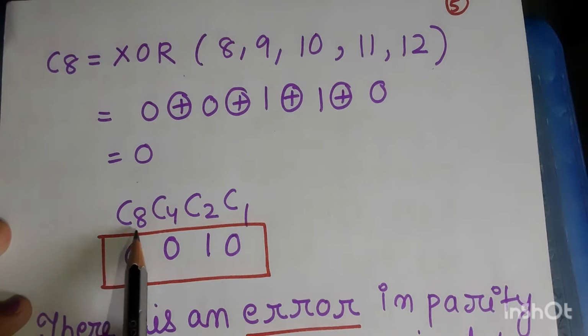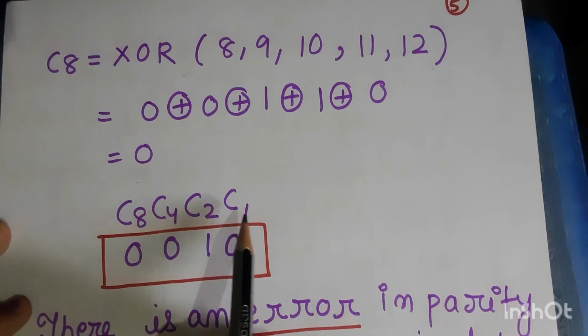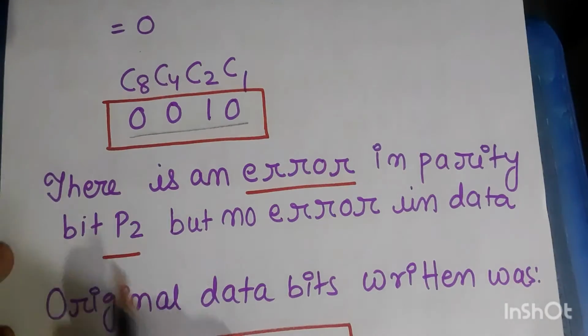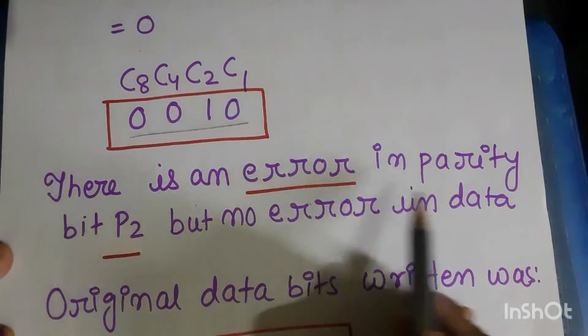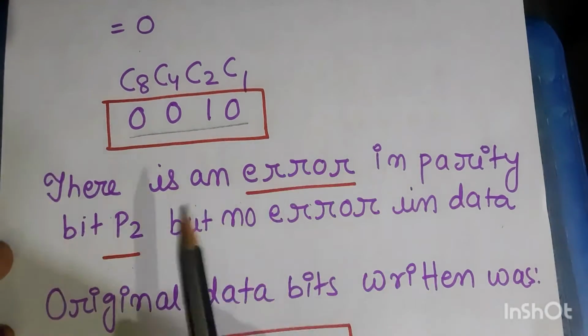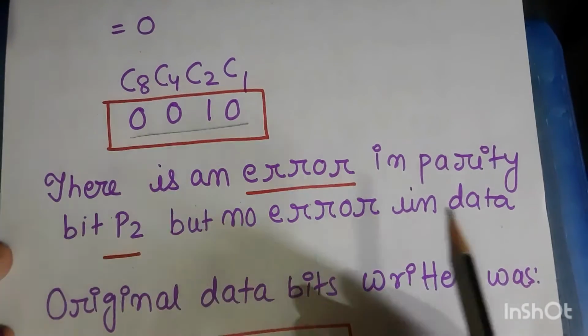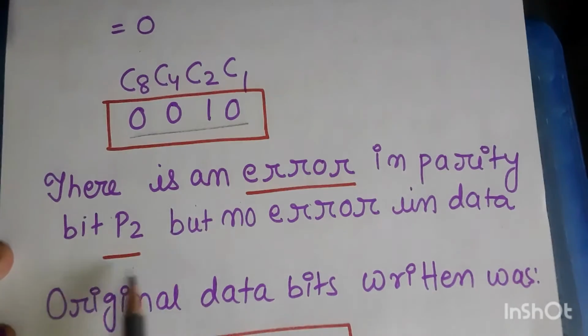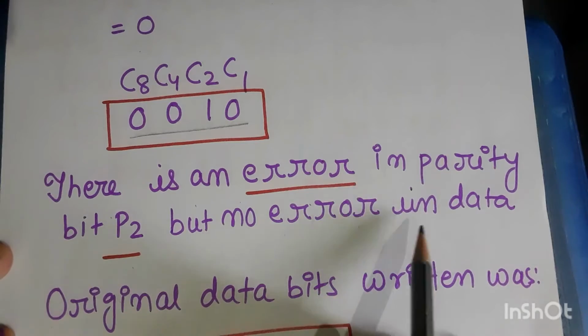On putting C8, C4, C2 and C1, it is coming as 2. So there is an error in parity bit P2 but no error in data. Bit location 2 is actually for parity bit.